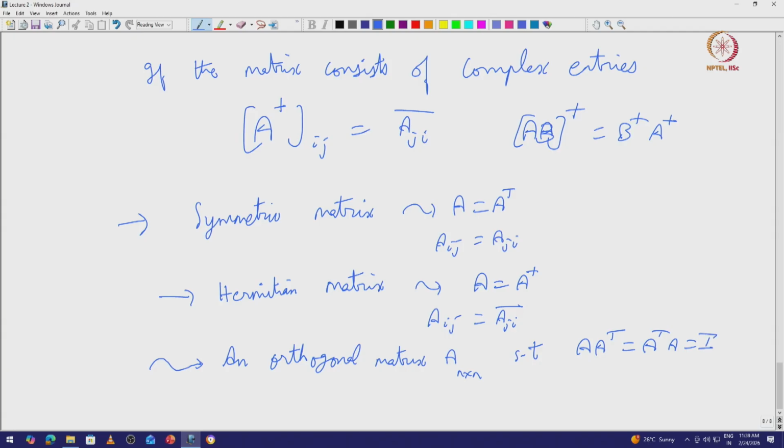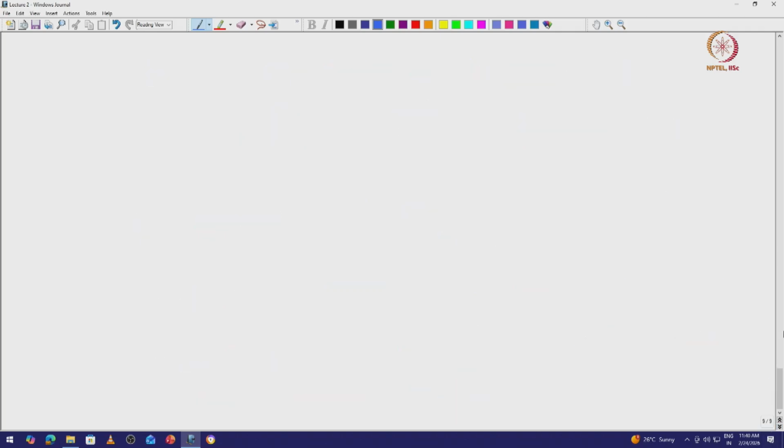And a unitary matrix is the complex analog of this. U is an n by n complex matrix such that U conjugate U equals identity. That's that about matrix multiplication.